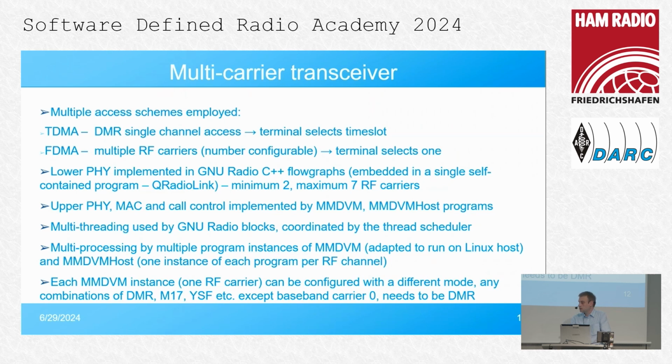Basically, each MMDVM instance can be configured for any of the modes supported by it, except for baseband carrier number 0, which needs to be DMR because of the timing synchronization issues.